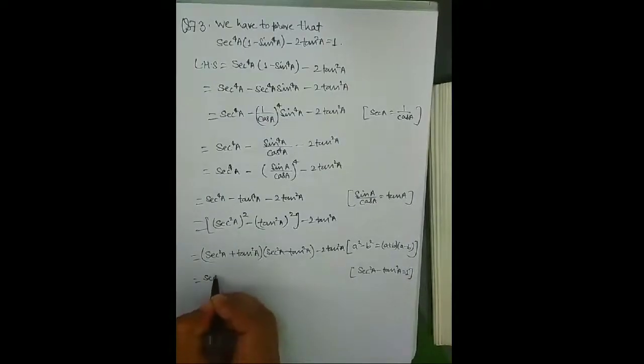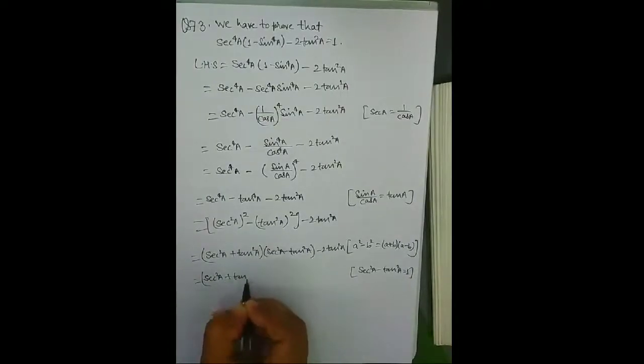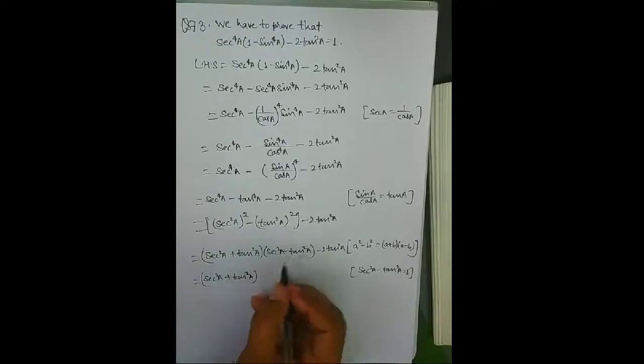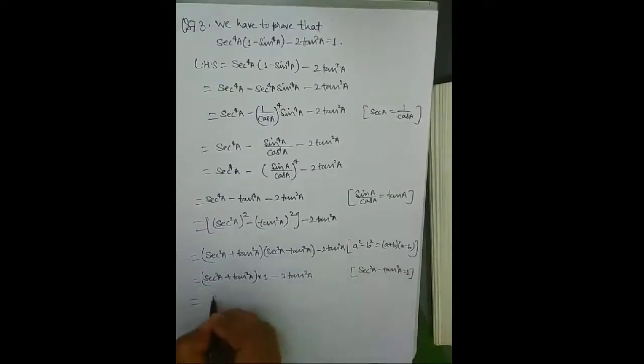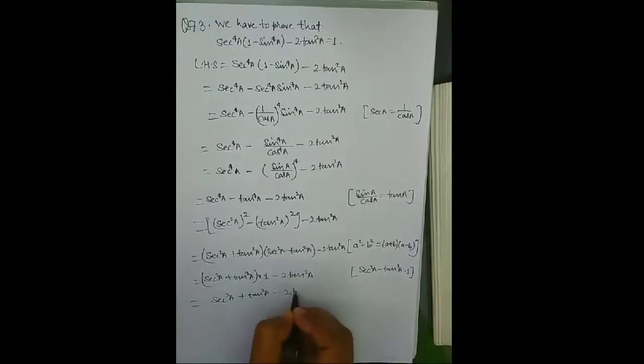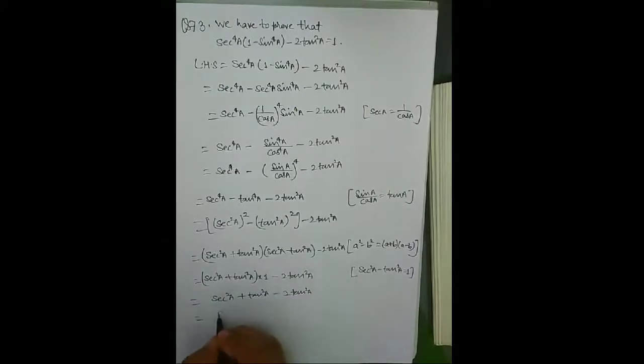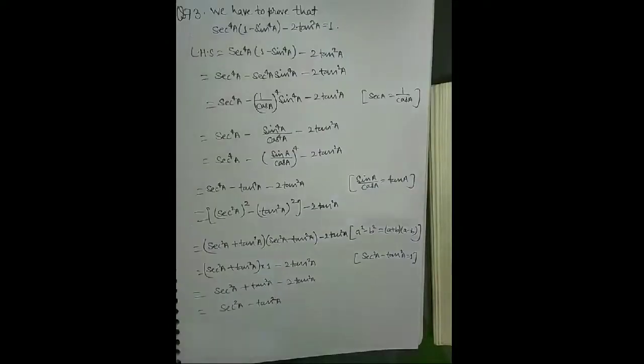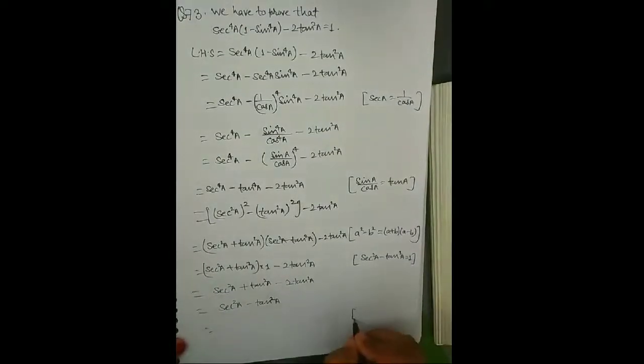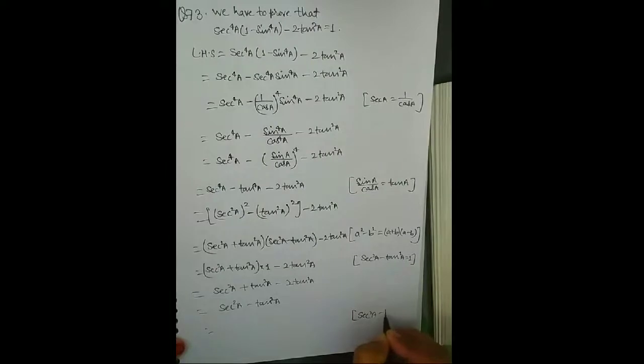So we can write sec square A plus tan square A, into sec square A minus tan square A, that is 1, minus 2 tan square A. We get sec square A plus tan square A minus 2 tan square A equal to sec square A minus tan square A. यहाँ हम फॉर्मूला यूज करेंगे sec स्क्वायर A माइनस tan स्क्वायर A इक्वल टू 1.